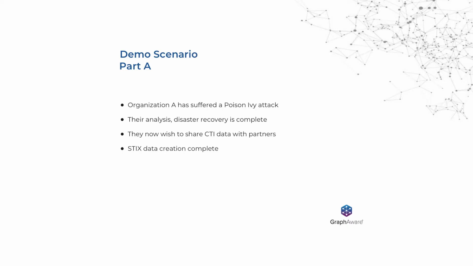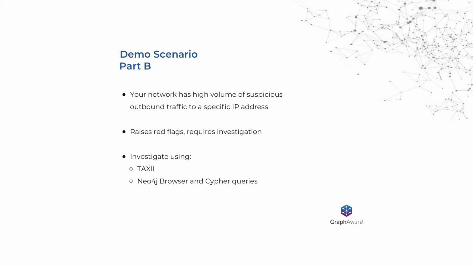So just to summarize, organization A was attacked. They cleaned up the mess. They created STIX data and they submitted it to a shared TAXII instance. So now we're part of an organization that shares that TAXII instance with them. And our system administrators have noticed that our network has a high volume of suspicious outbound traffic to a specified IP address.